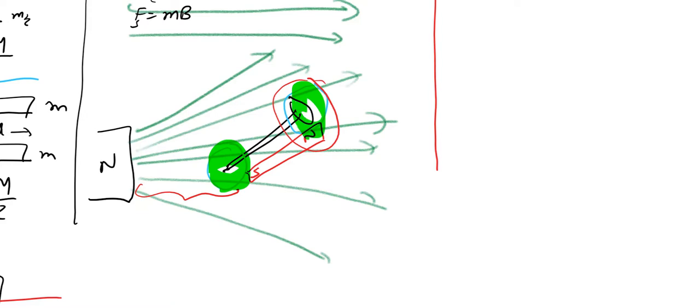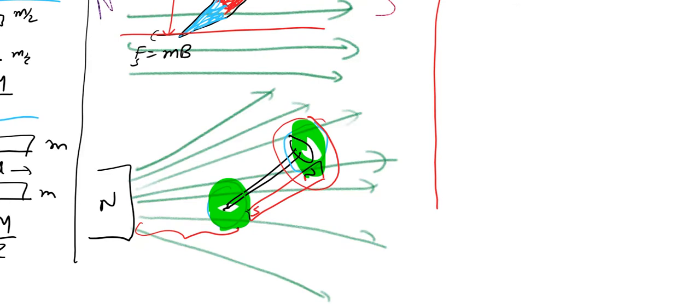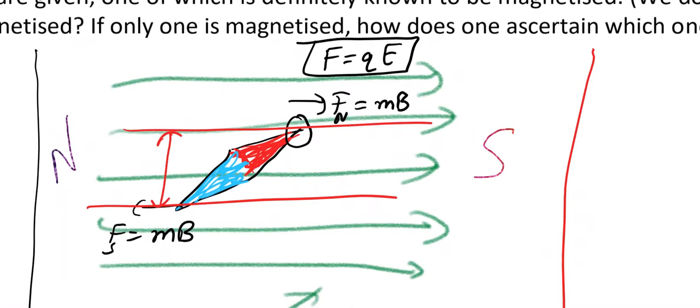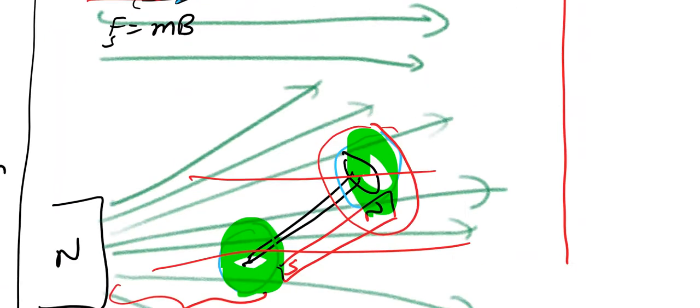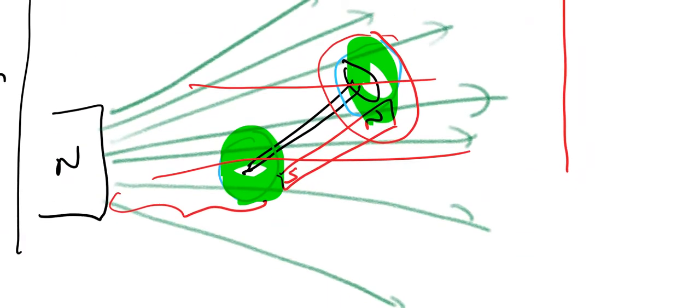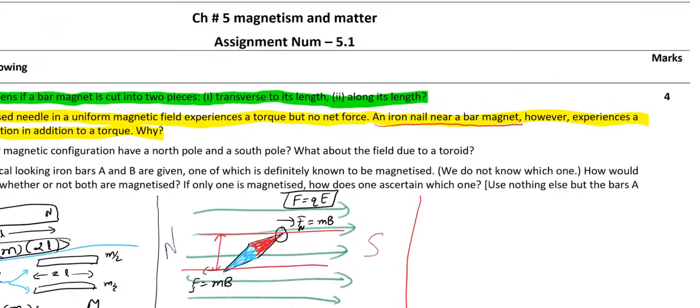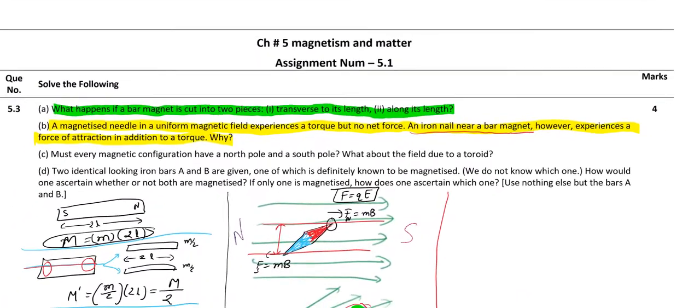It is definitely experiencing torque because again the lines of action may not be the same, so torque is definitely there, but the force is also non-zero, unlike the case where the field is uniform, so force on north and force on south are both equal, whereas the field of a bar magnet is not uniform and hence the forces are not equal in magnitude, so the resultant force is not zero. So that is the difference between the field of a bar magnet and a uniform magnetic field. Let us look at the third one.